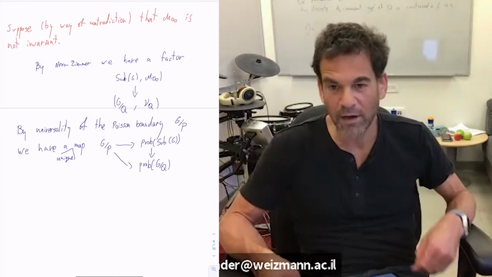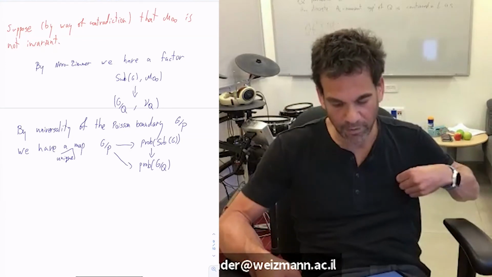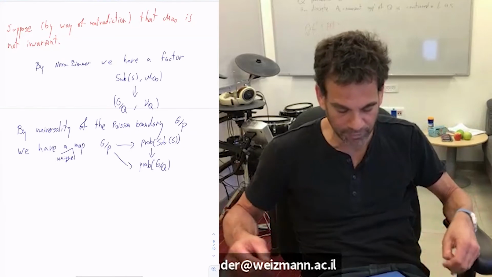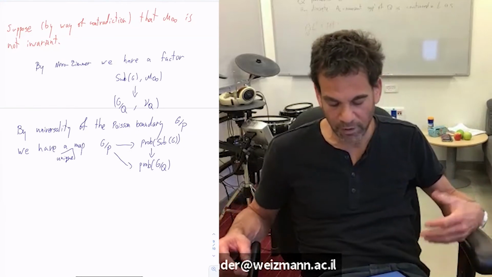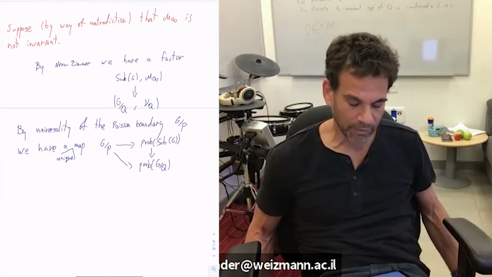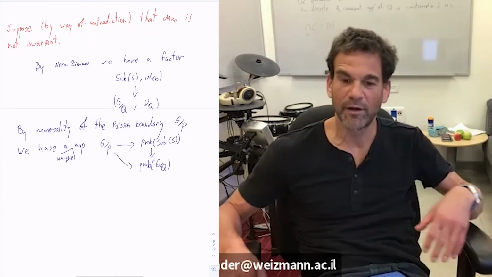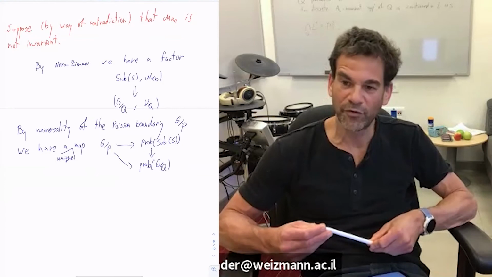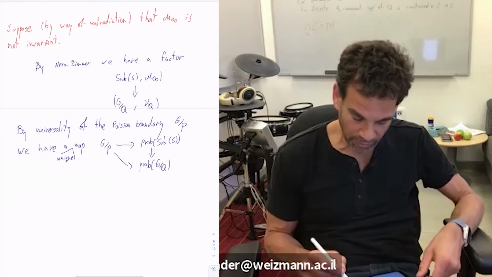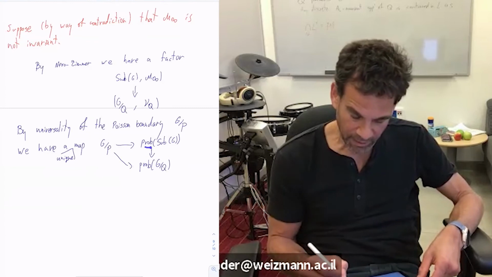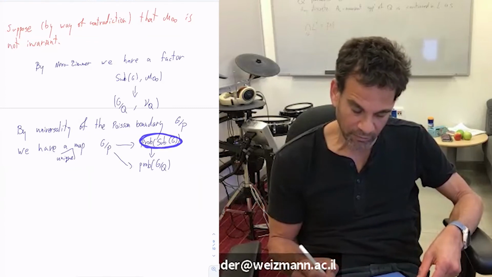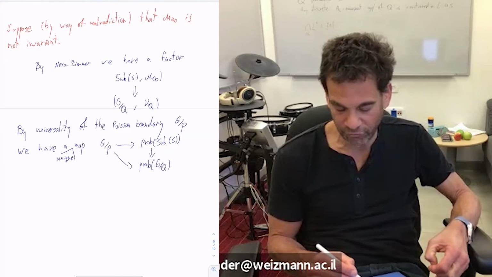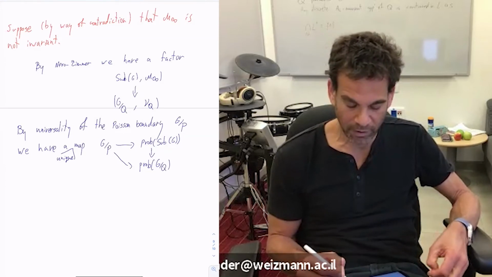The way I like to think about it, okay, I'm less used to this stuff than Uri, but we usually think of the Poisson boundary of a group as the space where L infinity of the Poisson boundary corresponds to the harmonic functions on G. So if you want to say that a measure in this space is mu stationary, it just means that the orbit map from G, g goes to g times mu, is harmonic.